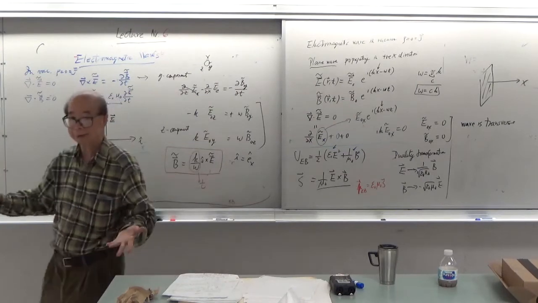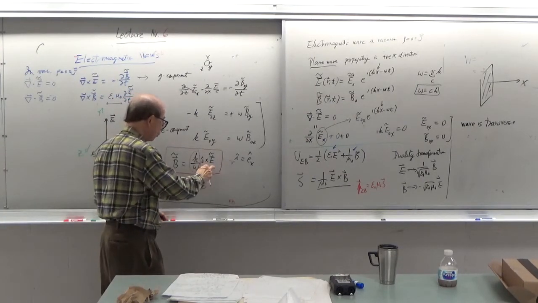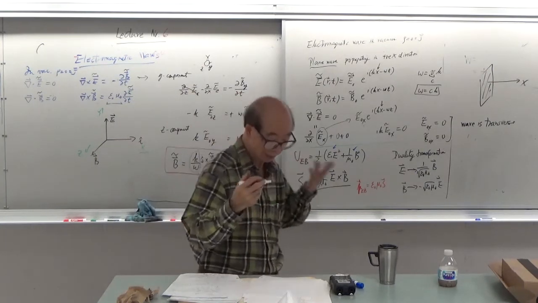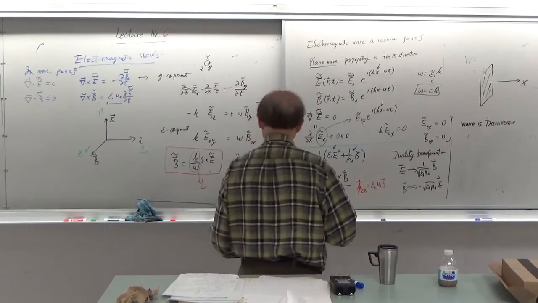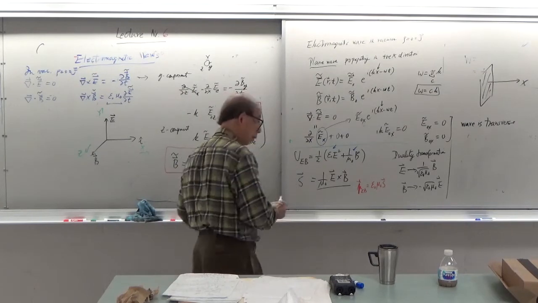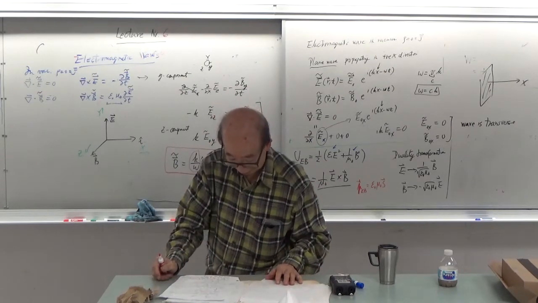That's to be expected, since B has the dimension of electric field divided by speed, and the only speed here is the speed of light.